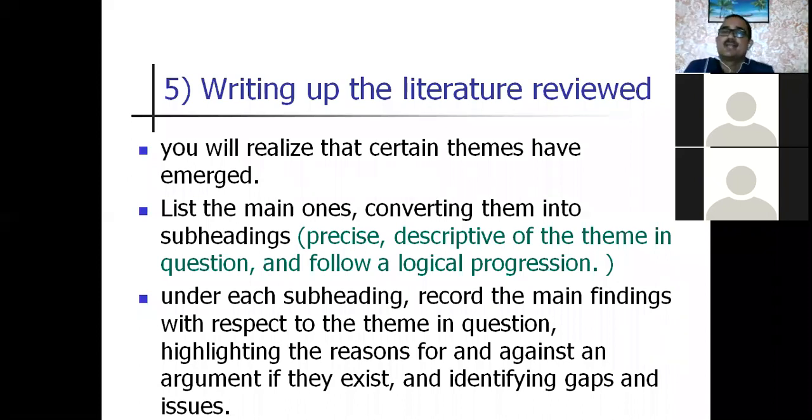You see, there are some points which may be considered as the logical progression of your research. Say A, B, C, D, E, F researches were selected, literatures were selected.